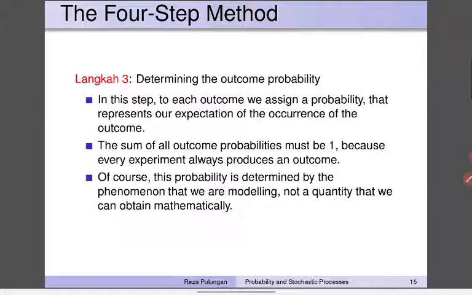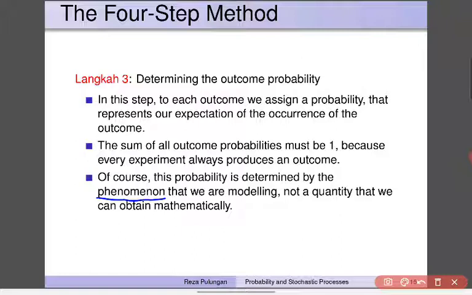This probability is determined by the phenomenon that we are modeling, and not something that we can obtain mathematically. This is based on our observation of real life. We look at real life and we model this and we make assumptions and so forth. So the probability is something that we ourselves determine.